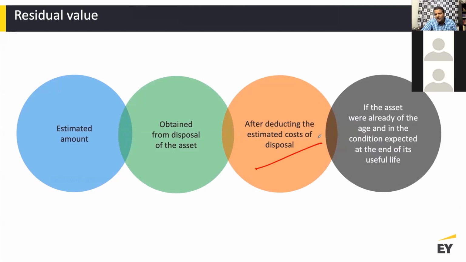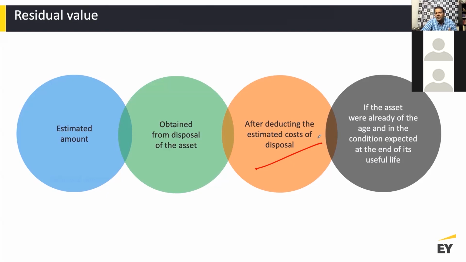So after 5 years, what's the condition of this vehicle going to be for the purpose for which I've already used it, and then I need to sell it? For example, if you are an Ola or Uber of the world and you're going to run this as a taxi, after 5 years you can very well imagine the residual value will be far lower than if you were to use the same vehicle for administrative or your own business purpose.